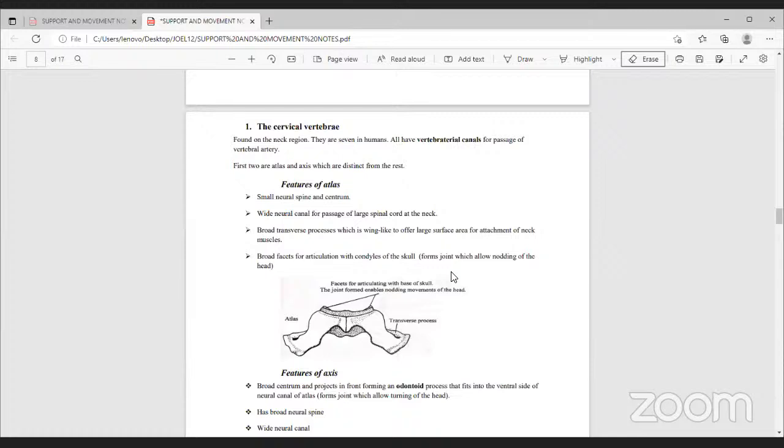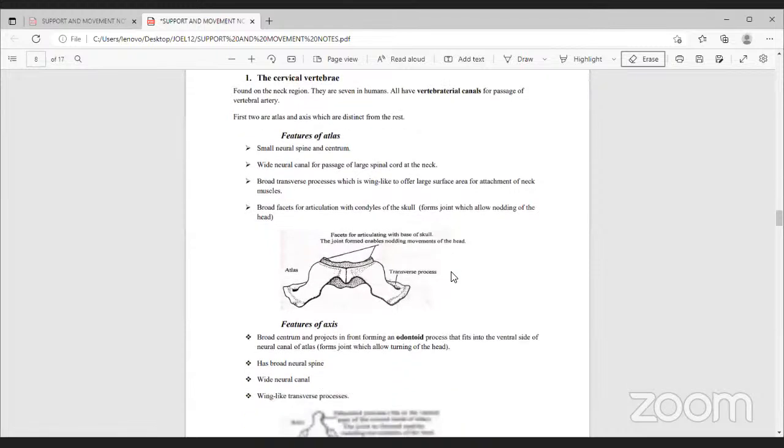They have some distinguishing characteristics that are not found in the other 5 cervical vertebrae. So we are going to look at the first 2, the atlas and the axis, and then we are going to give the general characteristics of the others. Under the cervical vertebrae, I think you wrote that they're found in the neck region and there are 7 in humans. Then I'm sure you wrote an NB, whereby you said that all cervical vertebrae have vertebral canals for passage of the vertebral artery.